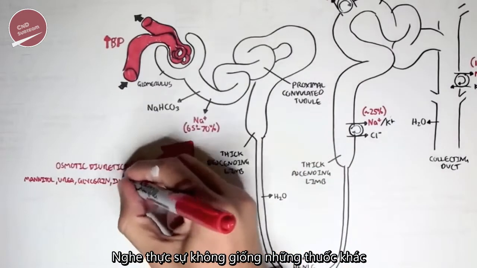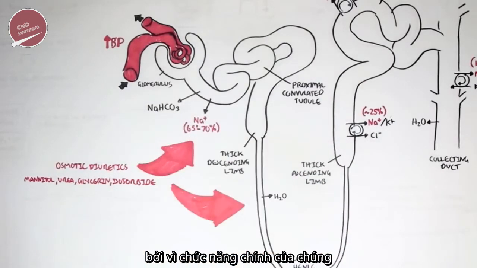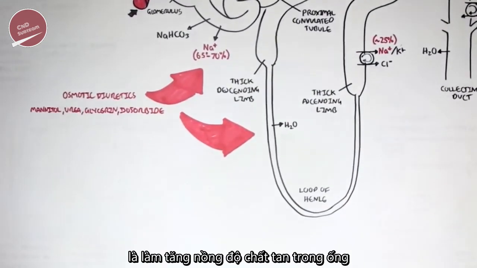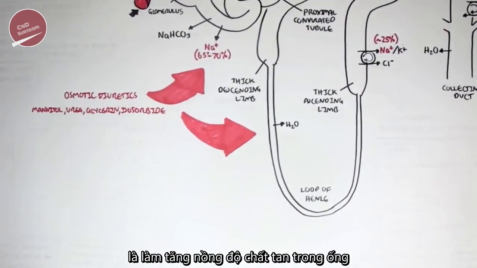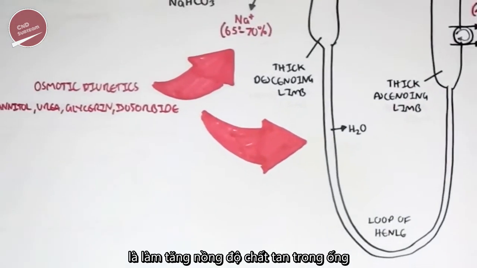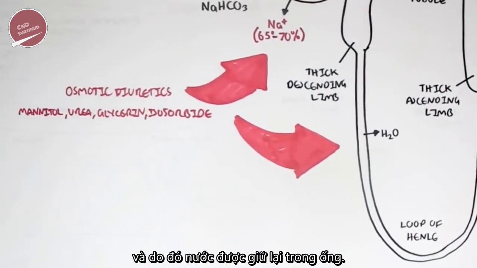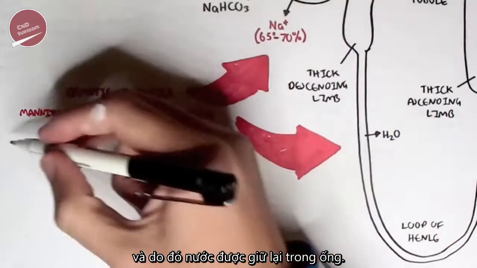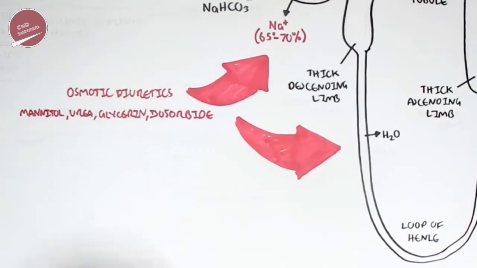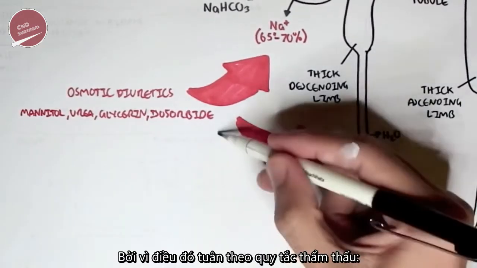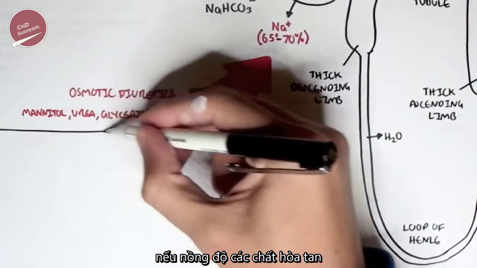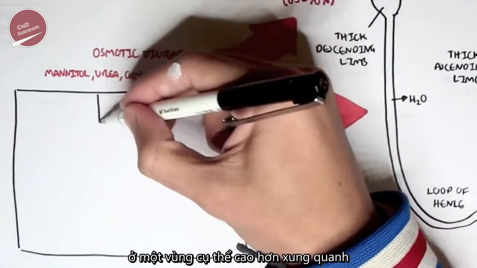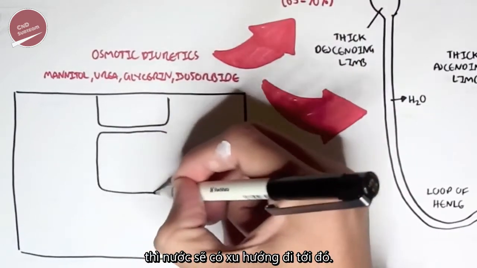Now, they don't really sound like one of those drugs because really their main function is that they increase the solute concentration within the tubules and therefore cause water to be retained within the tubules. This is because it follows the osmosis rule, where if we have a higher concentration of solutes within a particular area, more water will tend to go there.